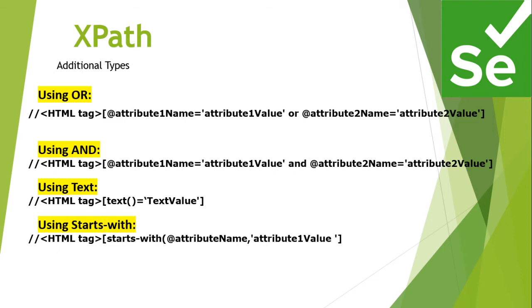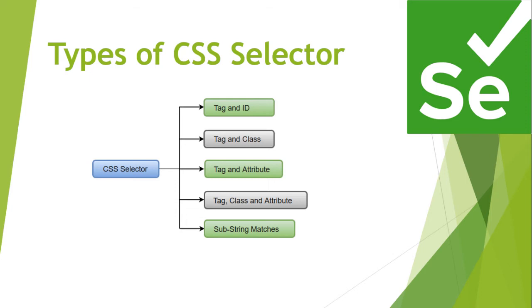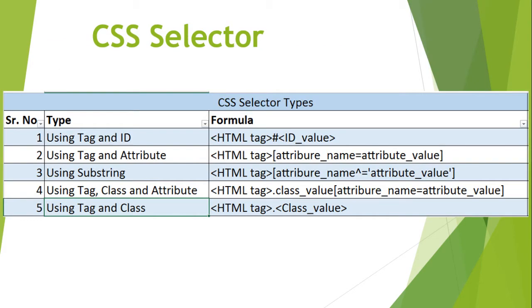Now we'll move on to the CSS selector. There are 5 types of CSS selectors: first using tag and ID, second using tag and class, third using tag and attribute, fourth using tag, class and attribute, and the last one, substring matches. We'll see examples one by one. Here I have mentioned the formulas for each CSS selector type.